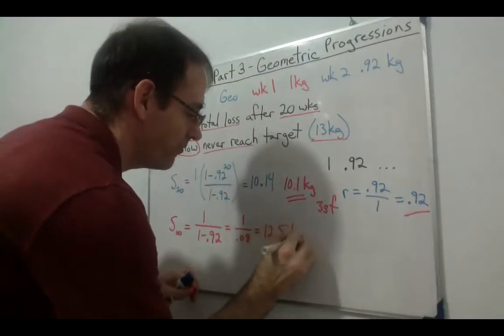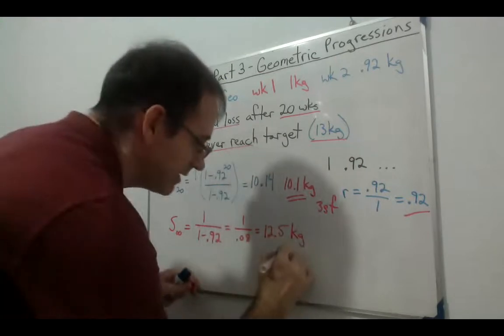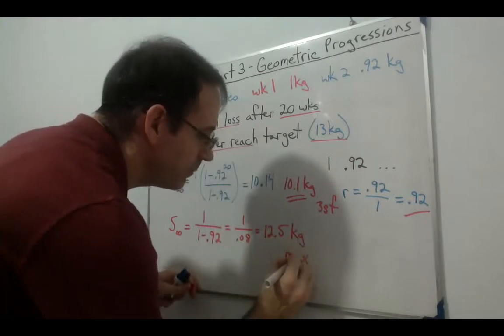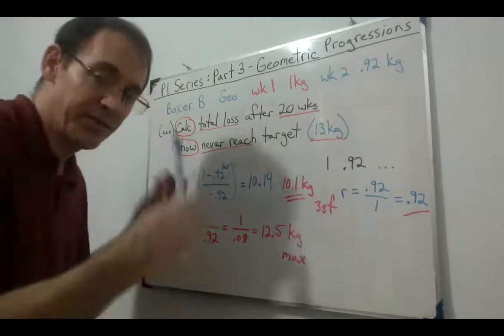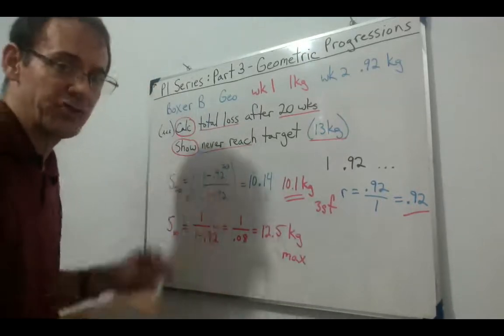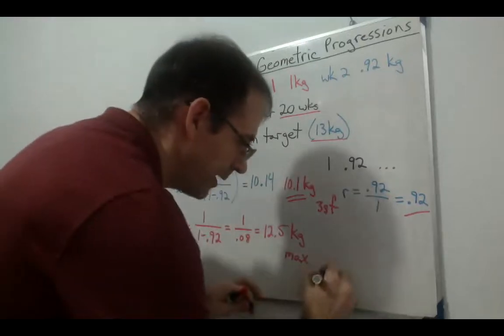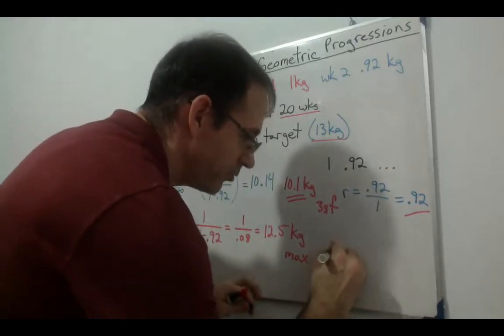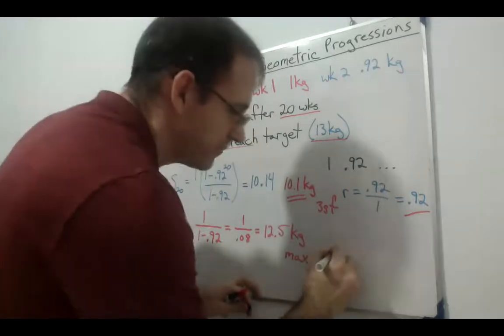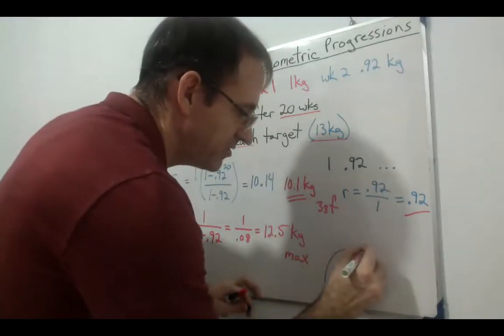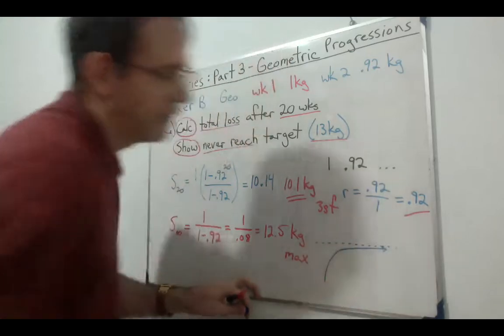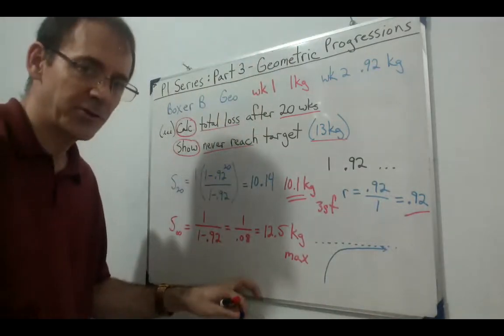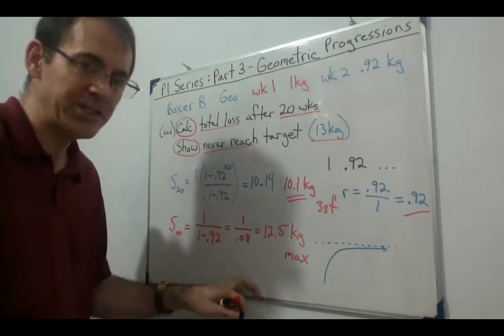That means 12.5 kg is the maximum amount of weight that this boxer is going to lose with this particular routine that he's following. So remember again, the graph goes up steeply at first, but then tapers off towards a limit. Gets closer and closer and closer without ever reaching the value.